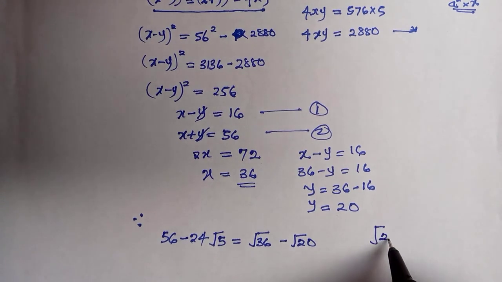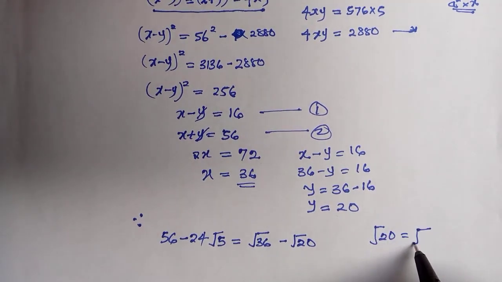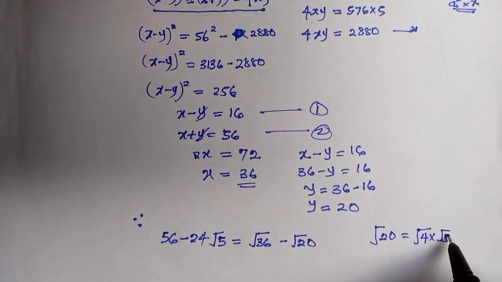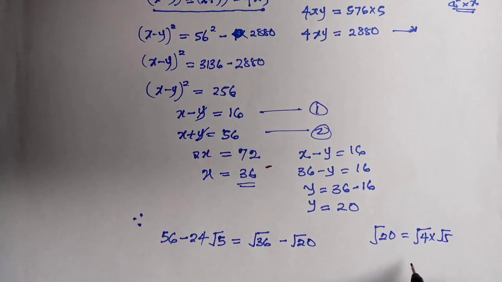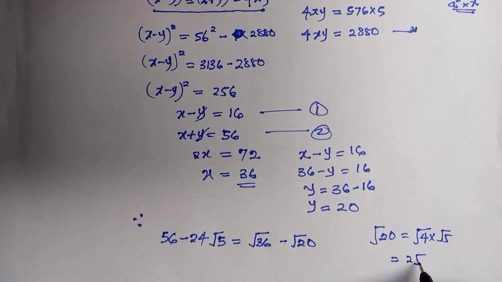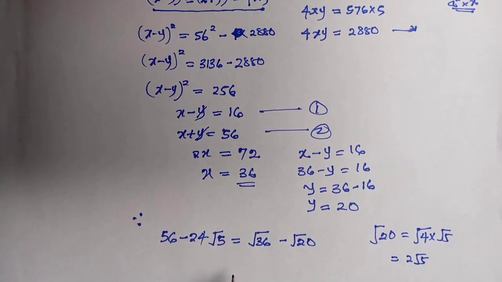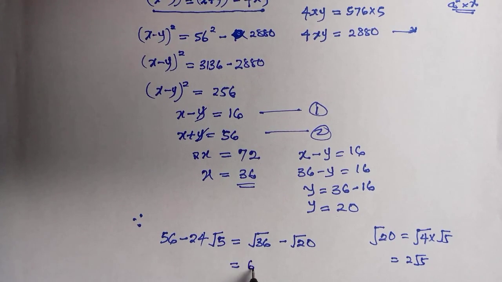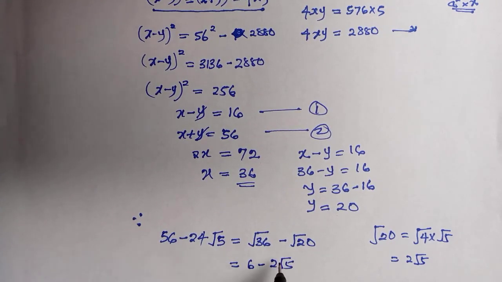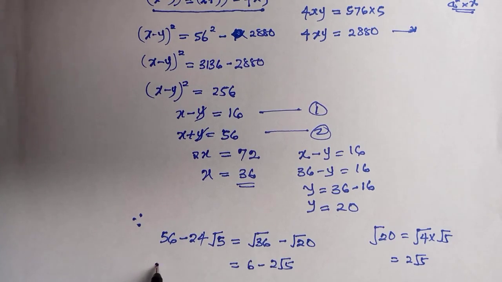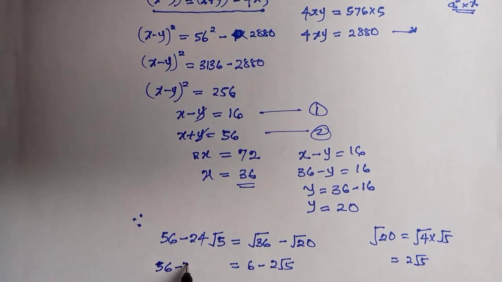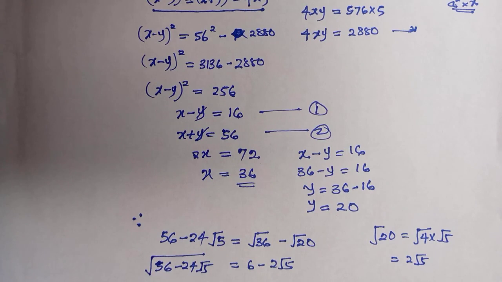From this, the square root of 20, I can split to be root 4 multiplied by root 5, and square root of 4 is 2, right? So we are going to have 2 root 5. And square root of 36 is a perfect square, we have 6 minus 2 root 5. So which means that the root of 56 minus 24 root 5, all squared, equals this, right?